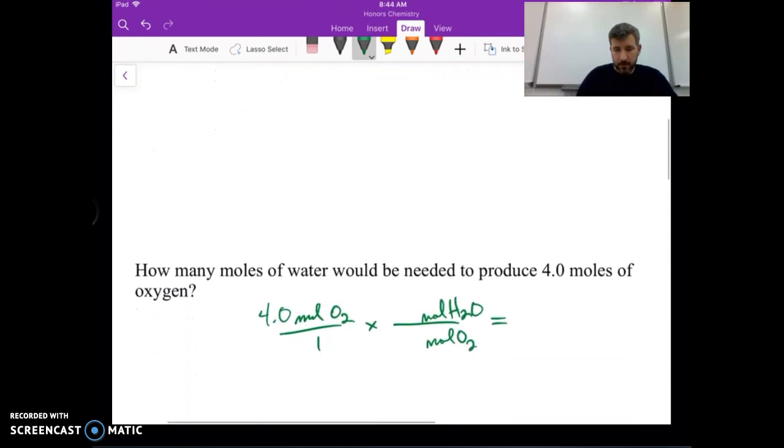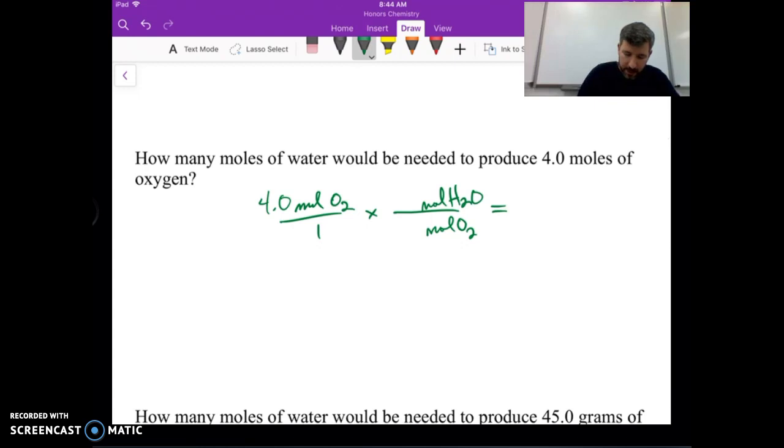And at this point, you might want to recopy that equation. I'll go ahead and just recopy it right down here. So 2H2O turns into 2H2 plus O2. I'm not really going to worry about the physical states, even though I do have them written up above. But I'm going to take my ratio, moles of water is 2, and moles of oxygen is 1.